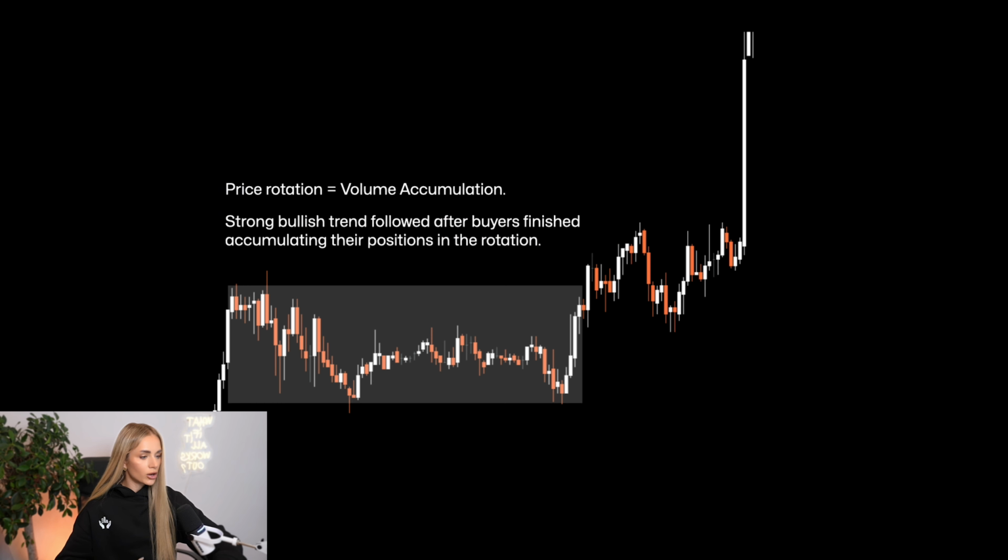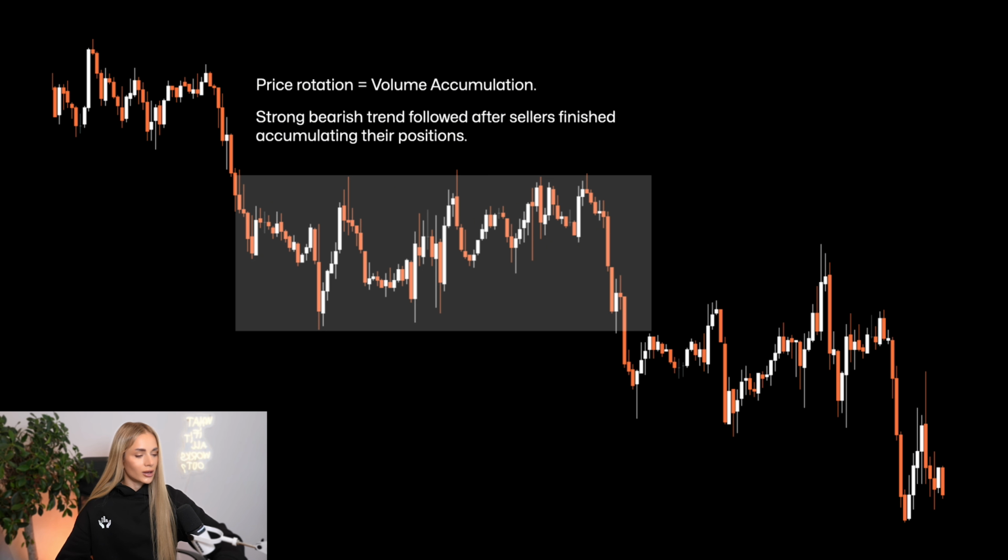Based on this, we know that if there was a sideways price channel followed by a significant uptrend, strong buyers were accumulating their buying positions in this price ranging channel. If, on the other hand, there was a sideways channel followed by a strong sell-off, then we know that strong sellers were entering their selling positions in this rotation.